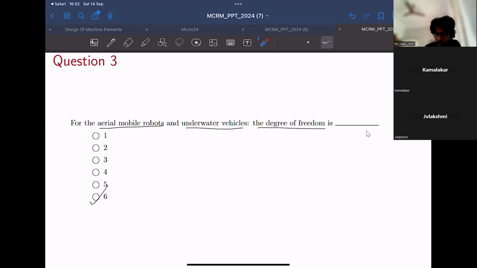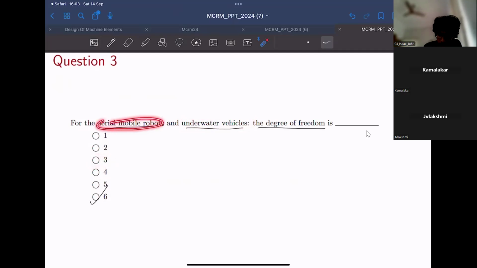And there is a class of underwater vehicles, not necessarily underwater, that we call water surface vehicles. It will not go underwater. So again, that will also have 3 degrees of freedom, 2 translations and 1 rotation. So that is also one more case where water surface vehicles and land-based robots will have 3 degrees of freedom.